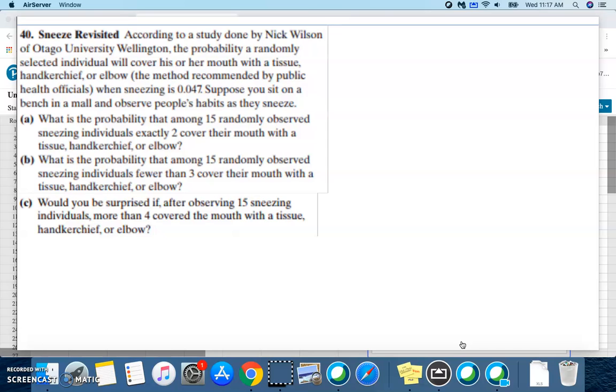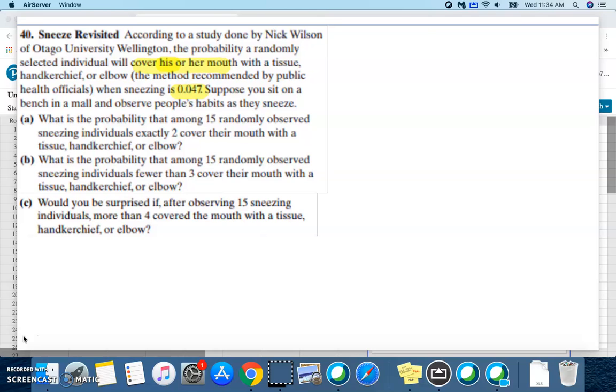Okay, so looking at sneezing. According to a study done by Nick Wilson of Otago University, Wellington, the probability of randomly selecting an individual who will cover his or her mouth with a tissue, handkerchief, or elbow when sneezing, which is the method recommended by public health officials, is 0.047. Let's suppose you sit on a bench in a mall and observe people's habits as they sneeze.